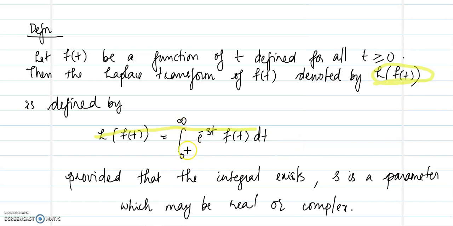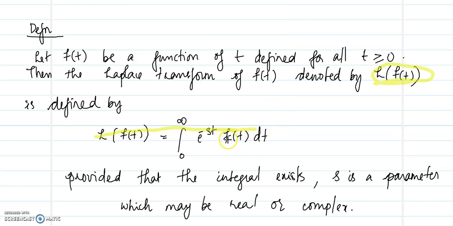Now you can see that this is an improper integral, so the limit is infinity here. But not all functions have this integral existing. So provided this integral exists, we will obtain a Laplace transform for the function f of t. Here s is a parameter and s can take real or complex values.